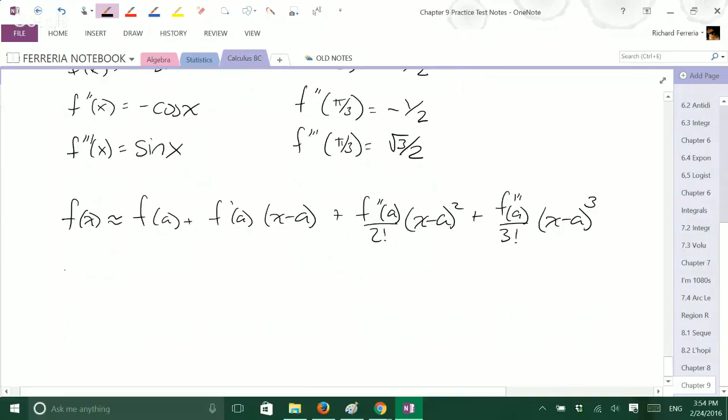Okay, so let's substitute what we know then. f of x is going to be approximated by, help me out, was that 1/2? Yeah.